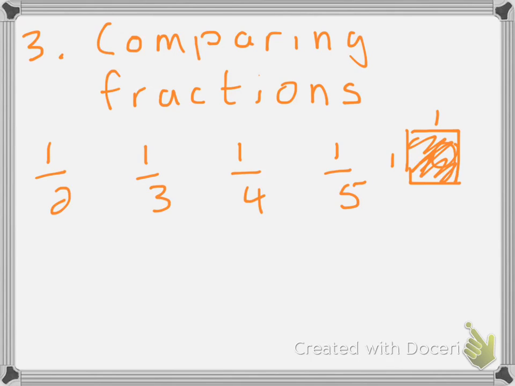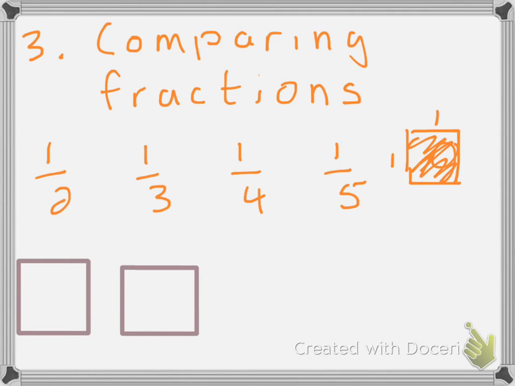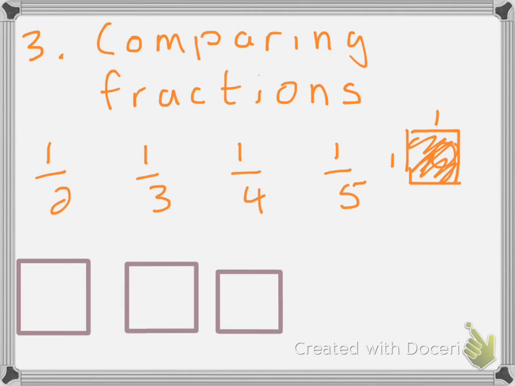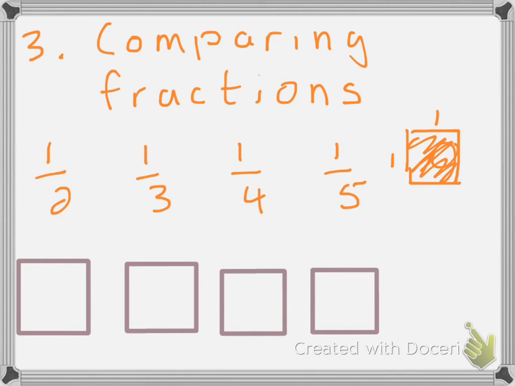Now it should be clear to us that these fractions successively decrease in size. Let's try to make it more accurate. They successively decrease in size because the whole is partitioned into more and more parts, and one of those parts will be smaller.